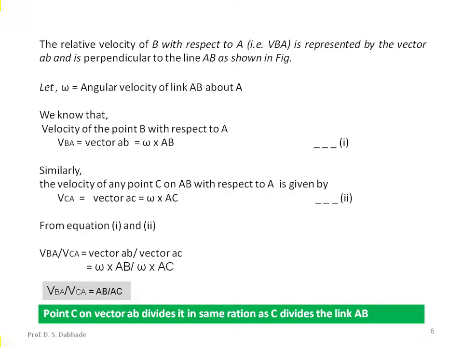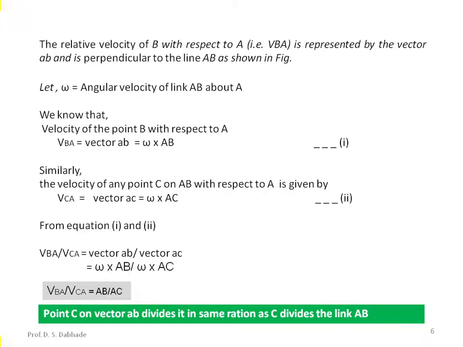So the proportion on the vector diagram and the proportion on the link will remain the same. So by this way we can find out the velocity of in-between points also, if I know the vectors for the end points. If the vectors of the end points are known, then we can find the velocity of any in-between points and represent them on vector diagrams by this proportionality theorem.